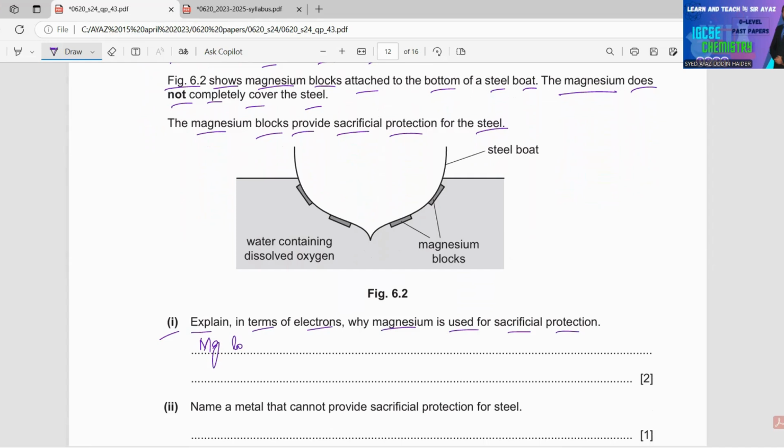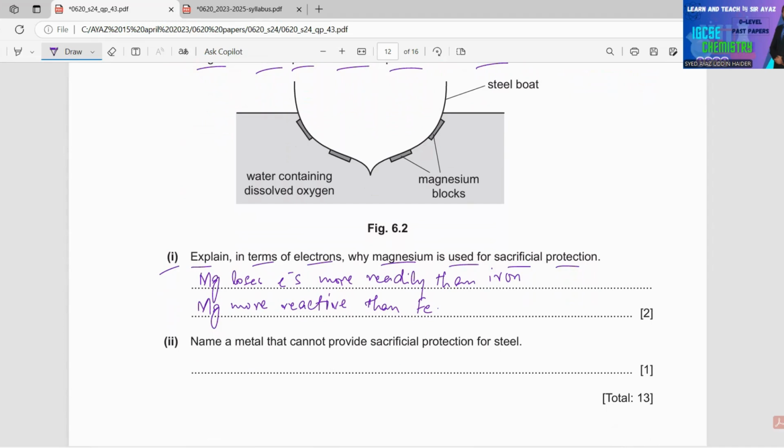Magnesium loses electrons more readily than iron, because Mg is more reactive than iron. You can even write it loses electrons more readily, or in preference, or instead of iron.